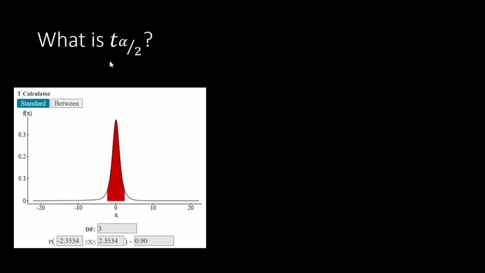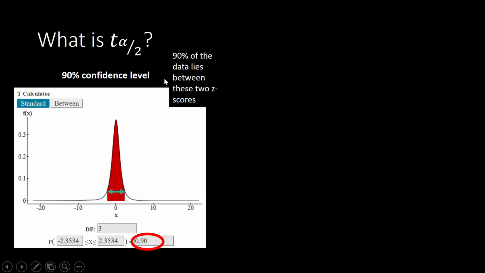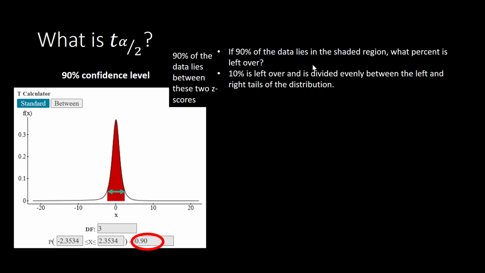What is t of alpha over 2? In this image, we are given a 90% confidence level. What does that mean? Well, that means that 90% of the data lies in this red shaded region on the t curve. If 90% of the data lies in that shaded region, then what percent is left over? Well, 10% is left over and is divided evenly between the left and right tails of the distribution.